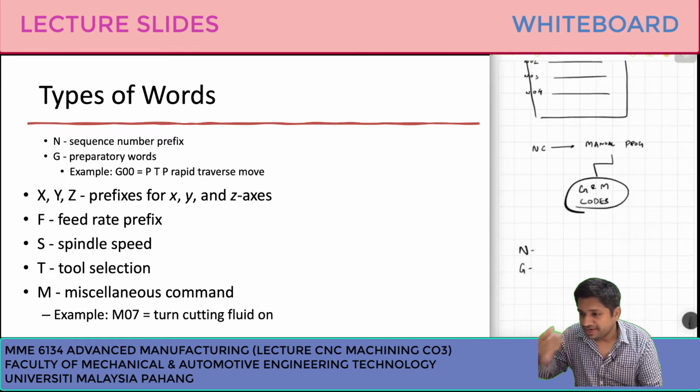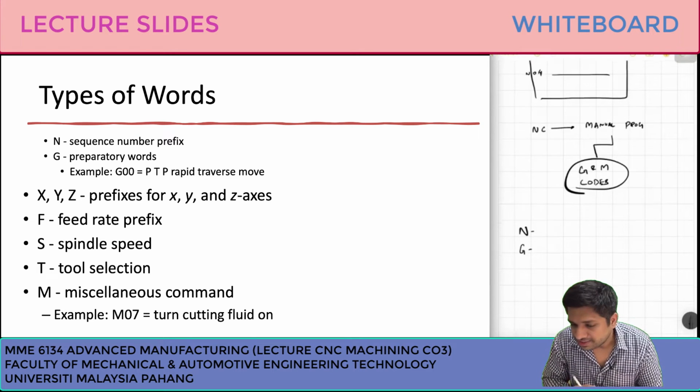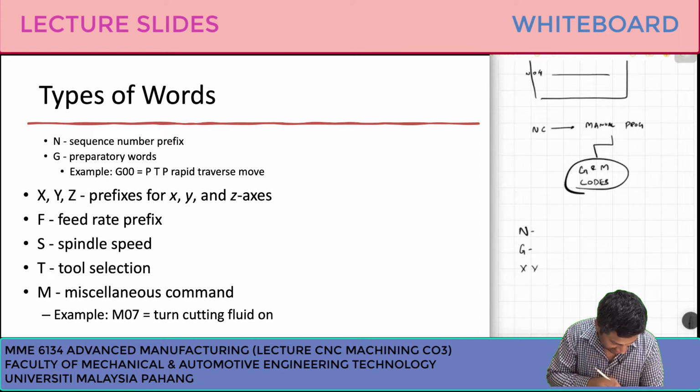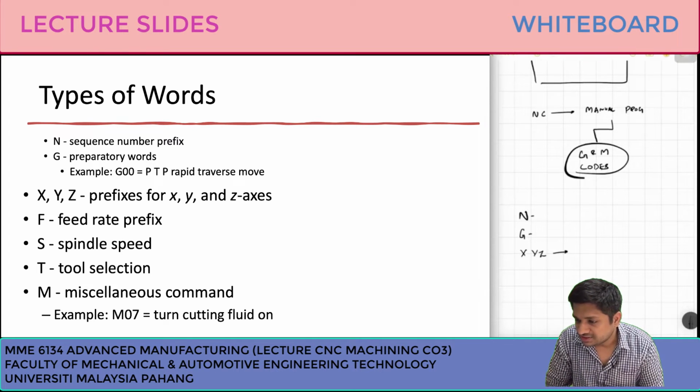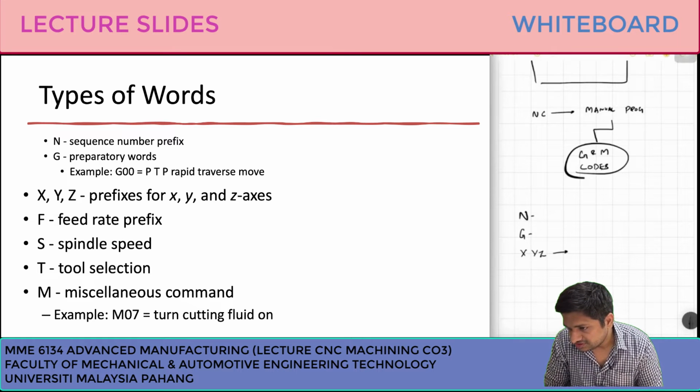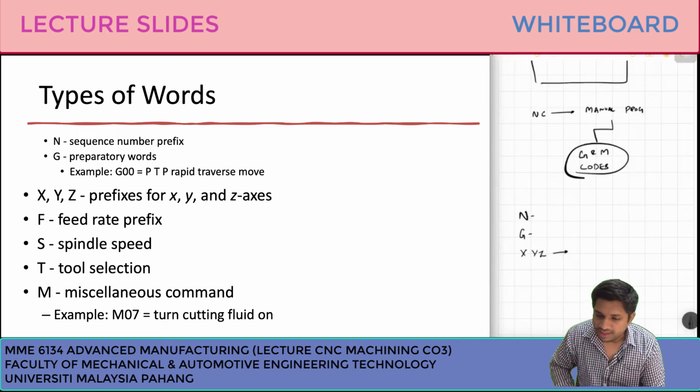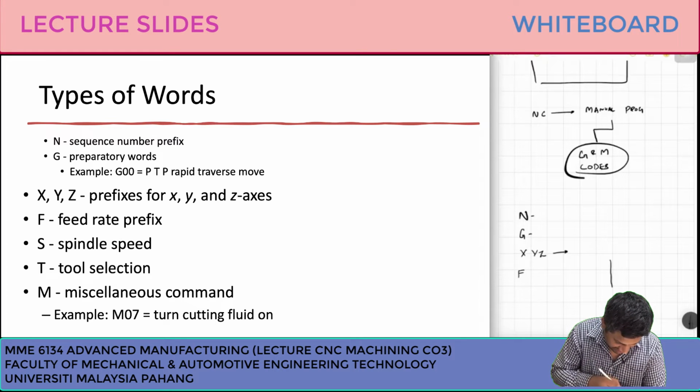G stands for preparatory word that we will learn about later. Then we have X, Y, and Z axis. You have learned about the positioning system, the Cartesian positioning system, either incremental or absolute. Then we need to specify the feed. If the tool is moving, how much it rotates is called spindle speed.